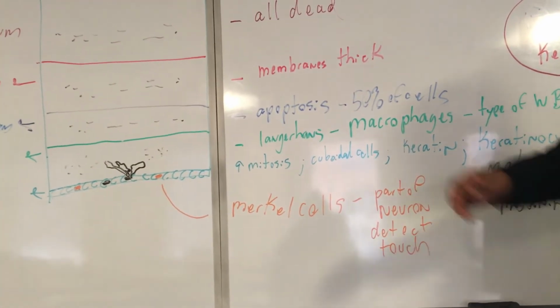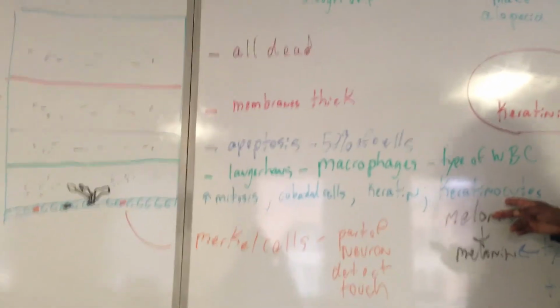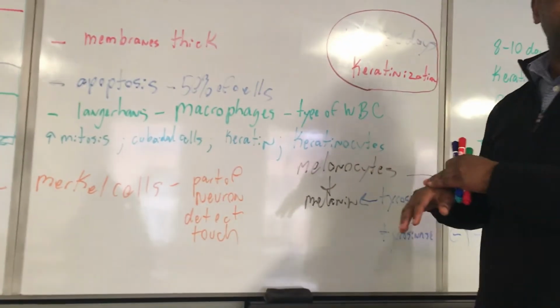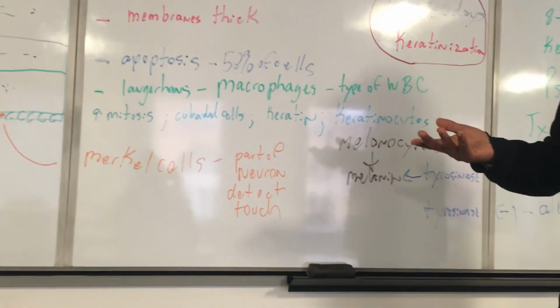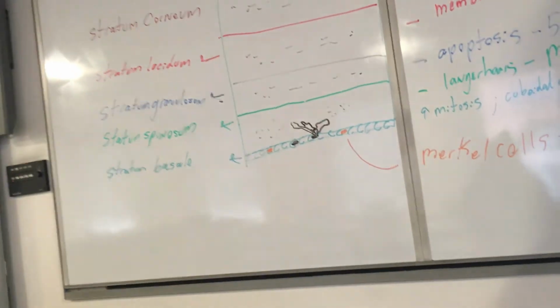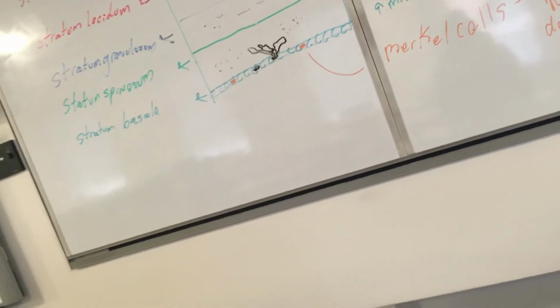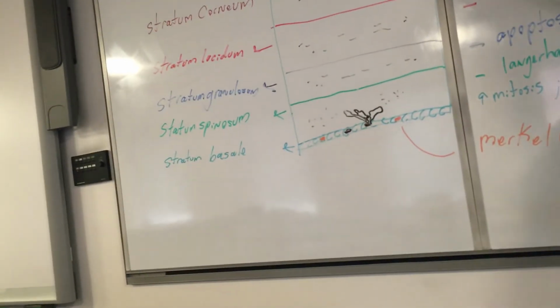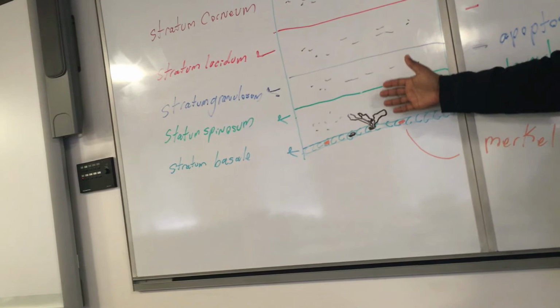If an invader does get past our keratinocytes, maybe because you had an abrasion and took those cells off, you've exposed yourself. But you still have macrophages, Langerhans cells, right there in your epidermis, waiting to see if something comes. A cut can expose you to that, because usually you shouldn't have a germ come through here.